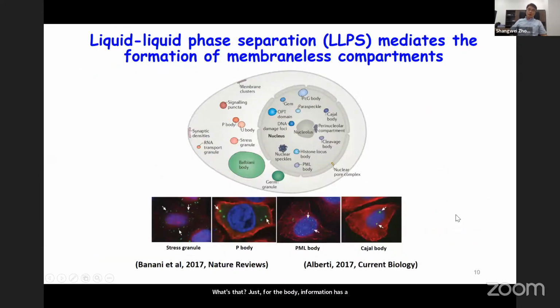Luckily, in recent years, a new concept of liquid-liquid phase separation has been introduced to biological research, especially for studying the formation of membraneless compartments. Many bodies and stress granules are found to be formed through this process. So we wondered whether phyB photobody is formed through liquid-liquid phase separation.